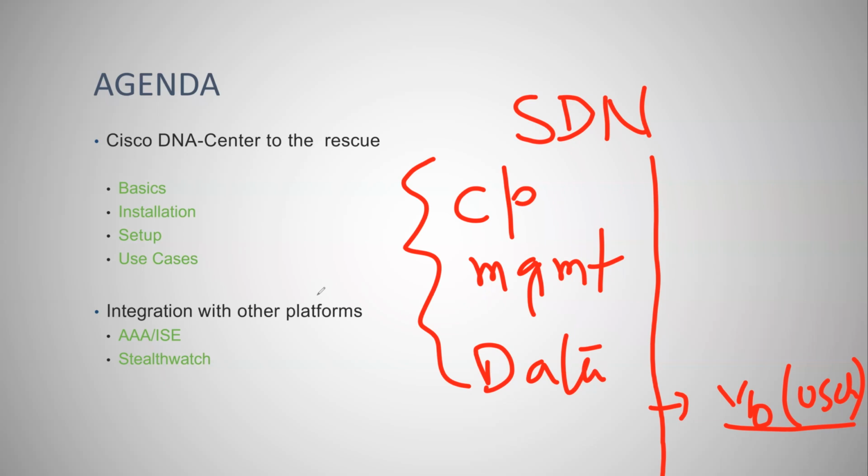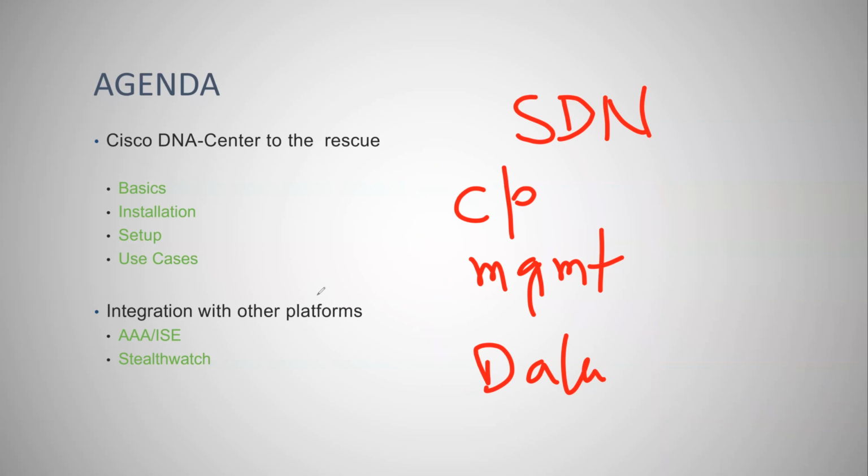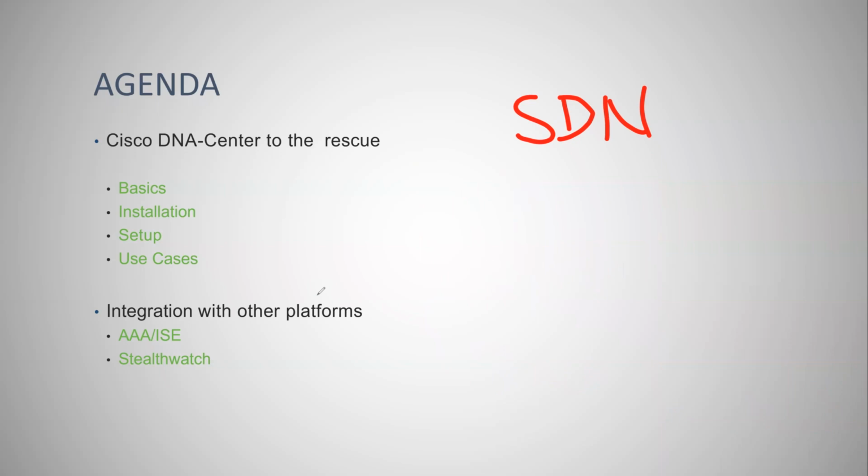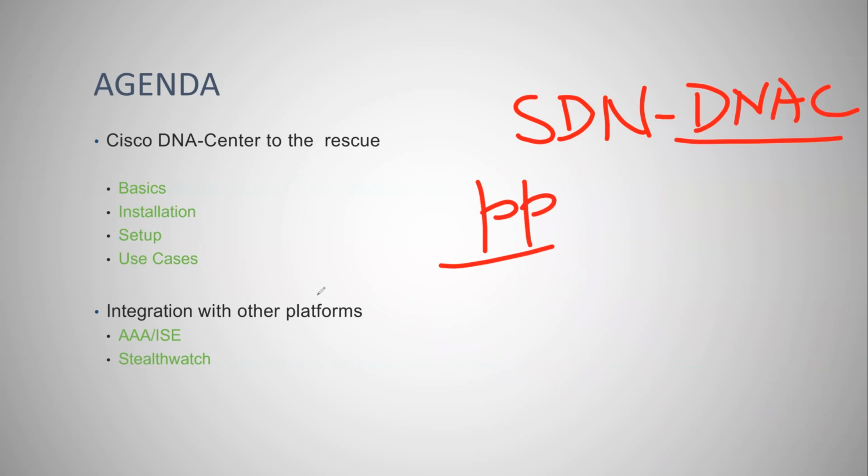So that's cool. But one thing new in DNA: suppose SDN related to DNAC, we have something called policy plane as well. When we are talking about managing the wired and wireless network with the help of DNA, we are managing a wireless network which is prone to be less secure, because someone can go and connect with the APs and try to do some unnecessary things.